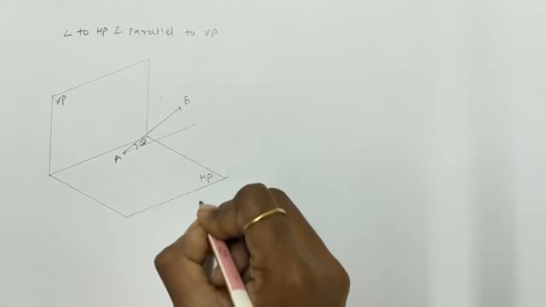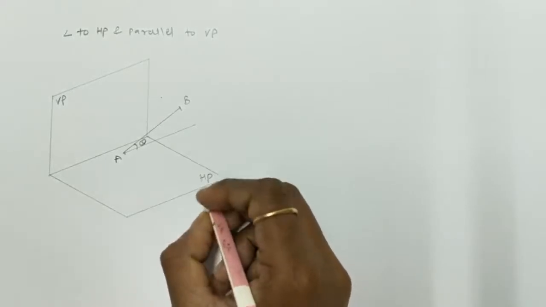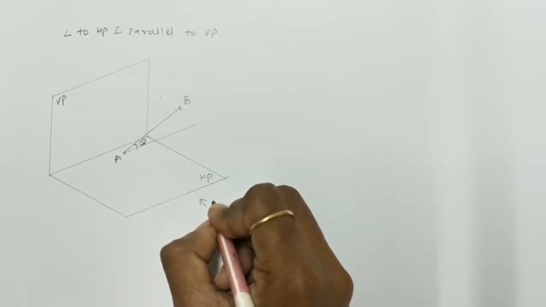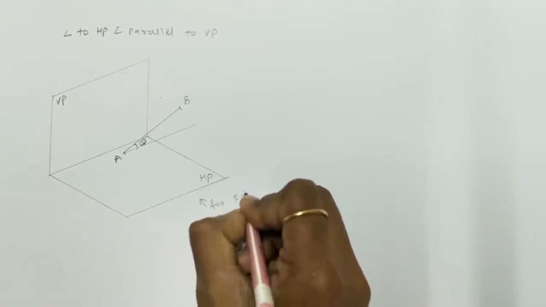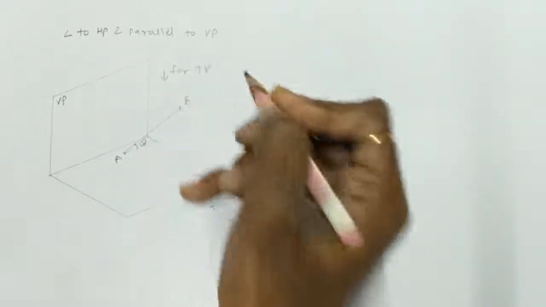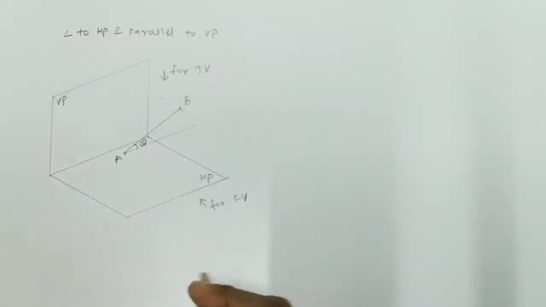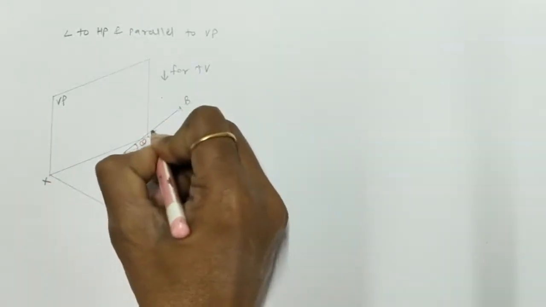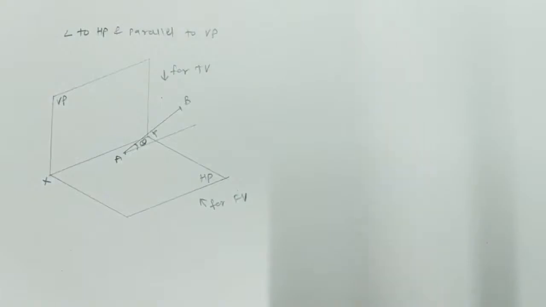So this is the direction of observer for front view and this is the direction of observer for top view. Give here names X and Y, which are the intersection points of VP and HP.